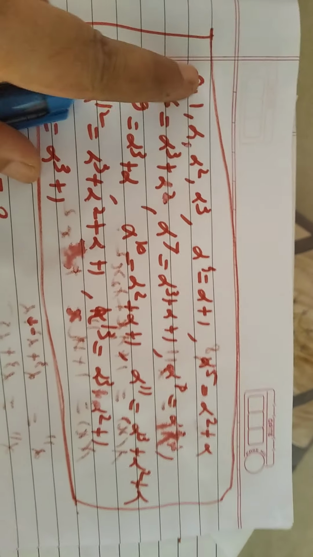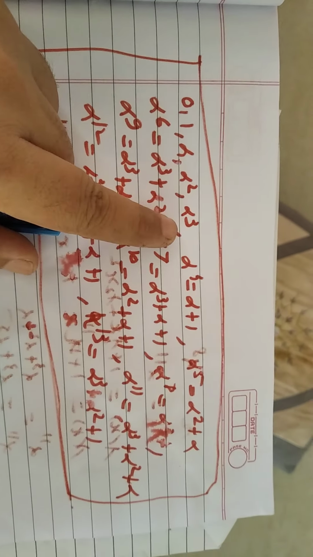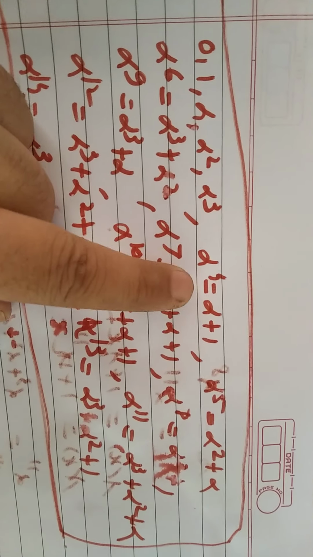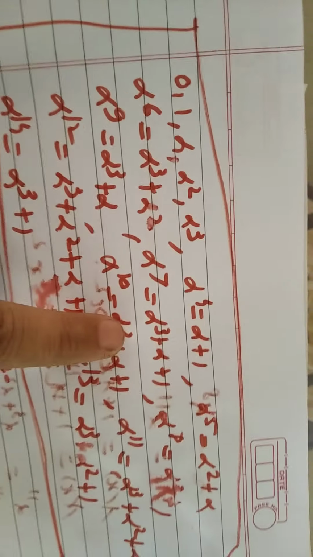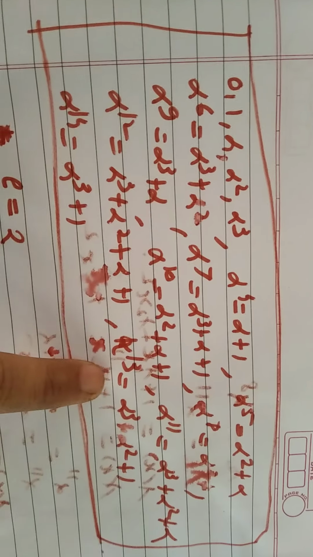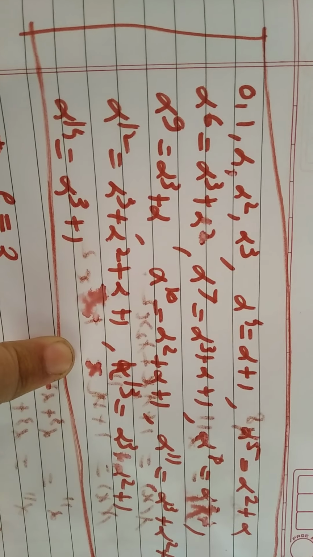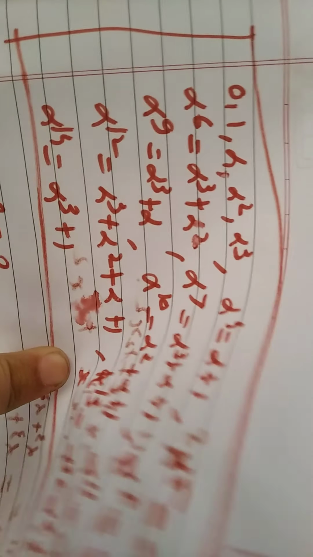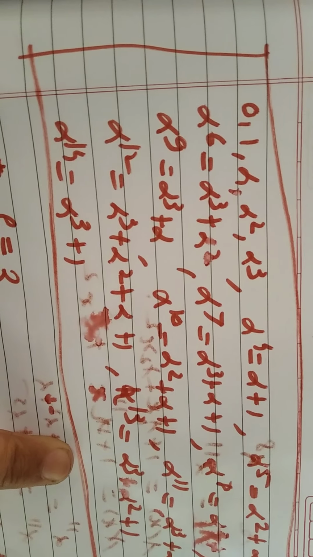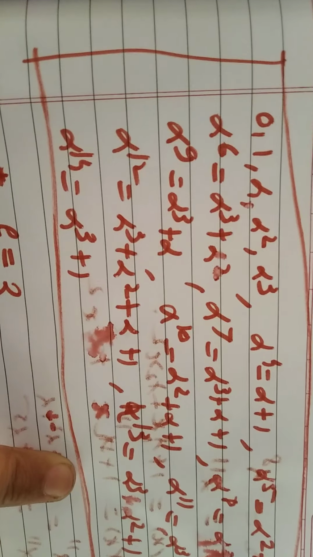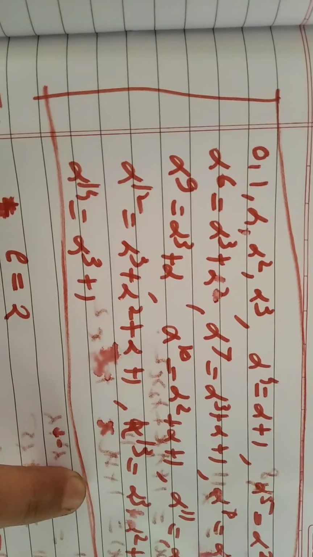So the elements are 0, 1, alpha, alpha square, alpha cube, alpha raised to 4 is alpha plus 1, and likewise all these elements are computed. In this video I am not going to explain how these values are computed because then it will increase the time duration of this video. So in this video you will just get the idea about solving the BCH decoding problems.